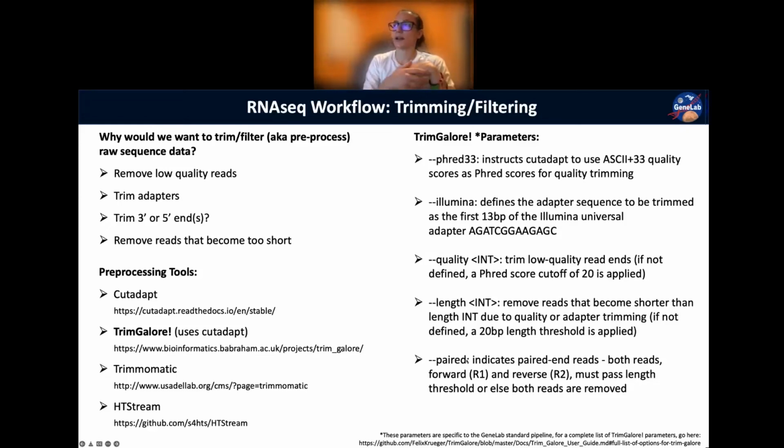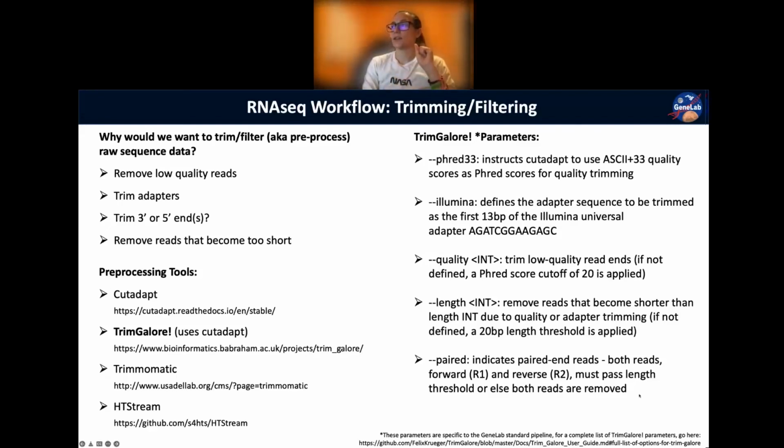And then we also want to let the algorithm know if it's paired or not. For paired end reads, we have to add this --paired option, and it indicates that the reads are paired end. That tells it that both the forward and the reverse read have to pass the threshold in order to be kept. The reason is that when you use downstream tools and tell them there are paired end reads, they're going to check that you have a forward and reverse read for every sequence that's provided.